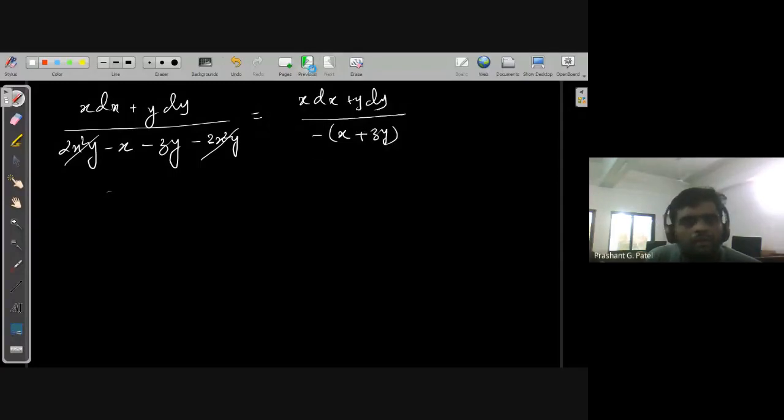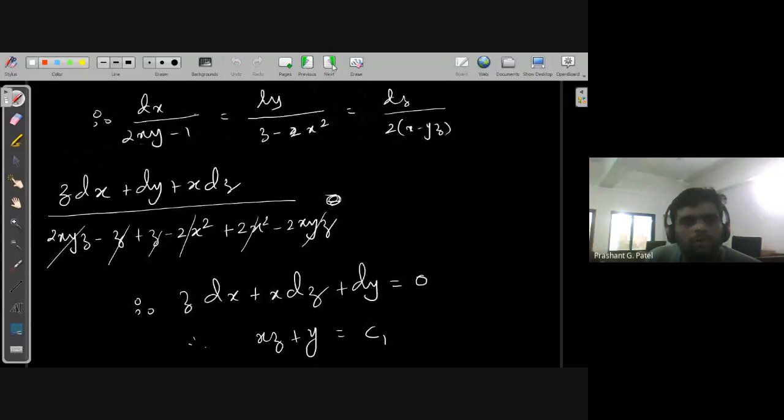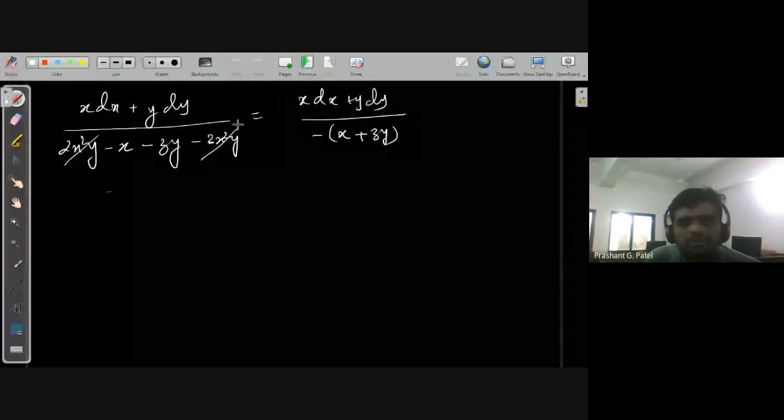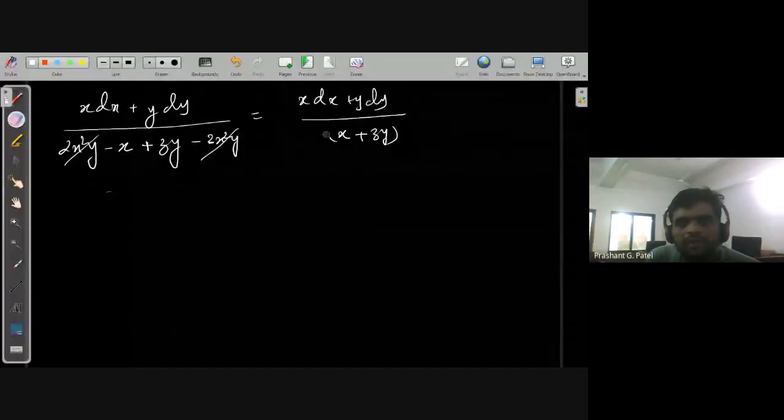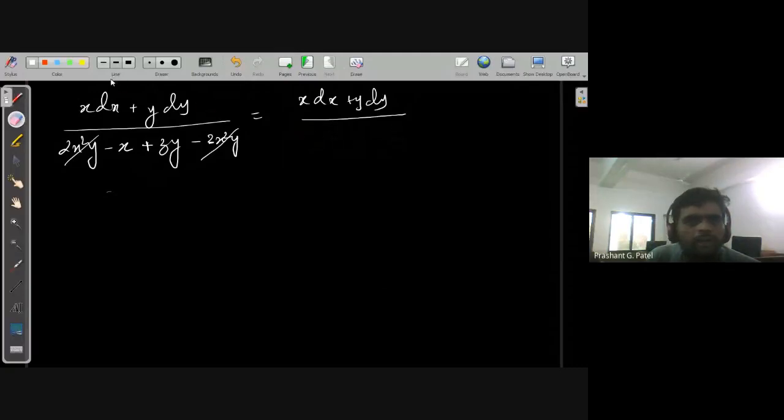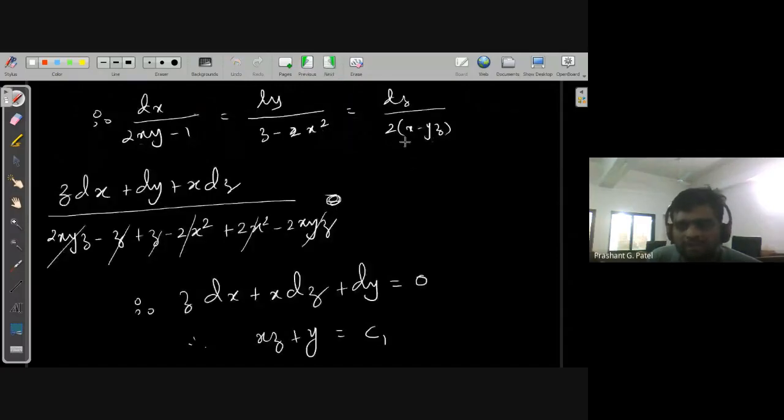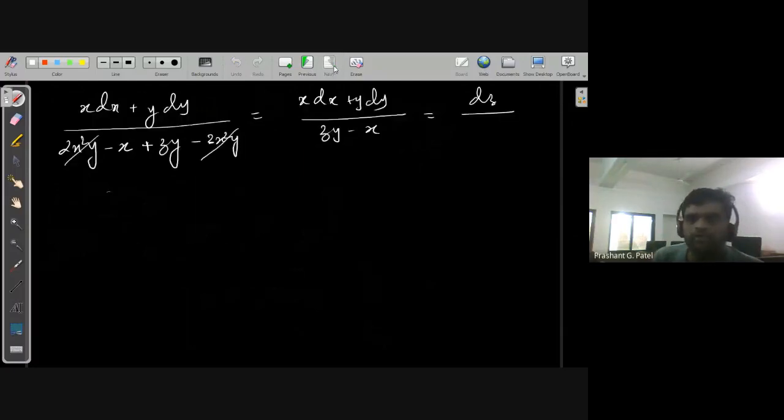So if I take minus common from this, then we will have yz minus x. That is equal to dz upon, you just see that 2 times yz minus x is already there. x minus yz is here, so it is 2 times x minus yz.